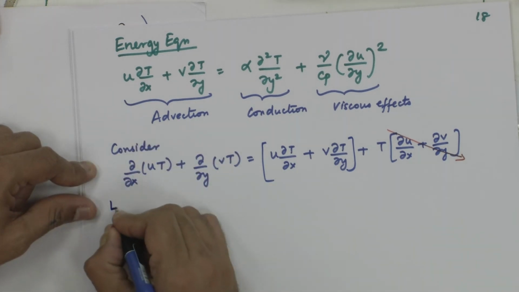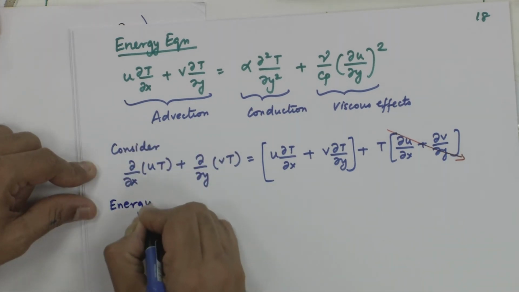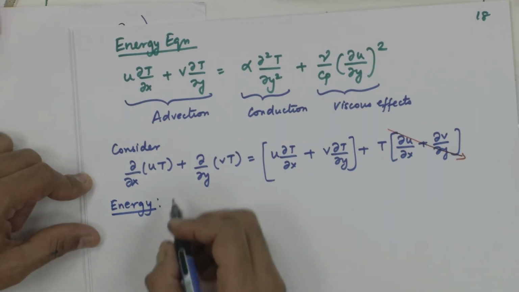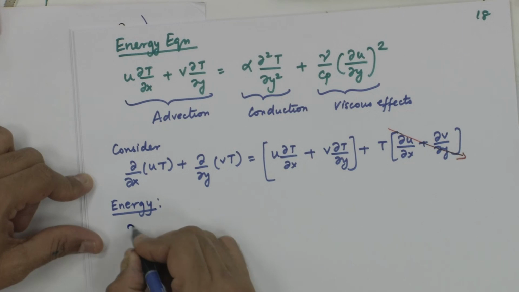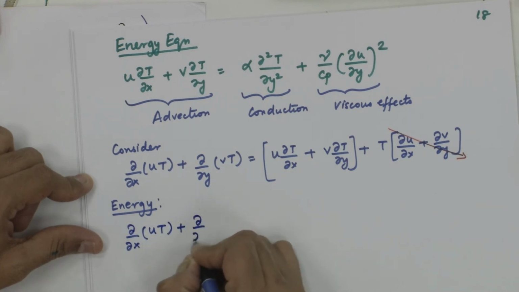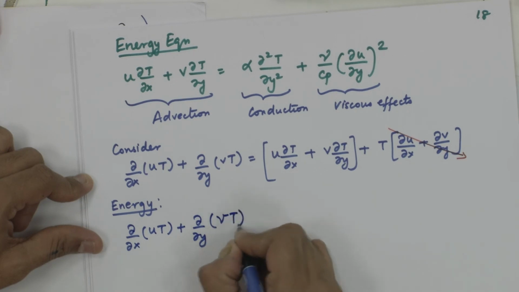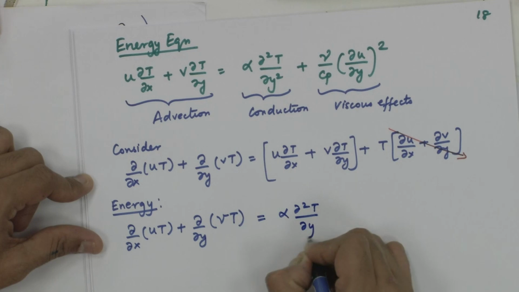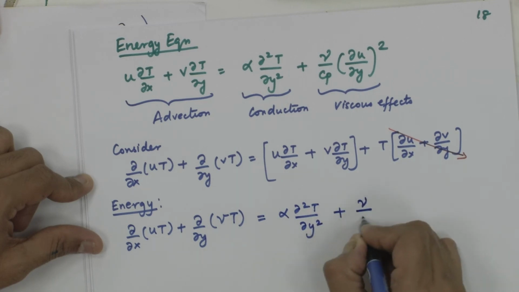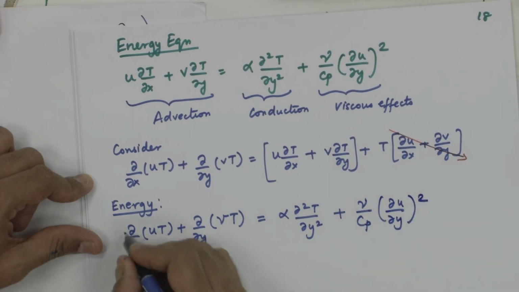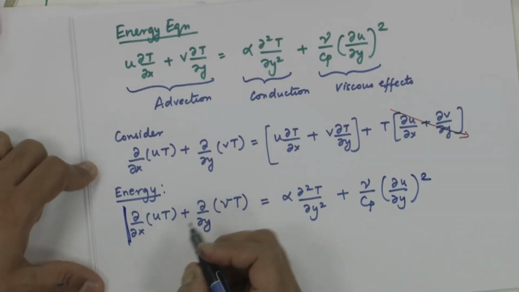Therefore, I get energy equation, just as we multiplied, we got d by dx of uu. I am going to write this as d by dx of uT plus d by dy of vT is equal to alpha d squared T by dy squared plus nu over Cp (du by dy) whole square. This is my equation to be integrated.